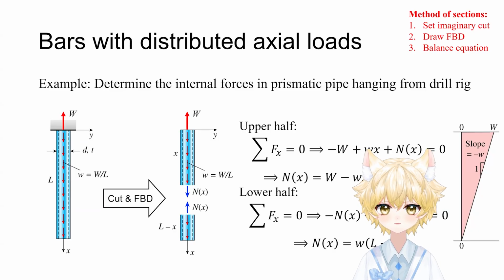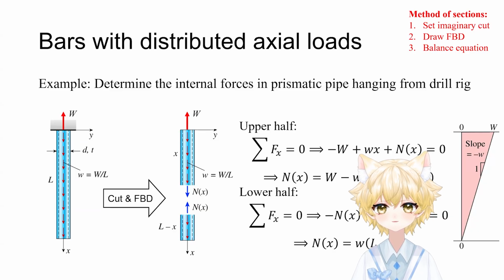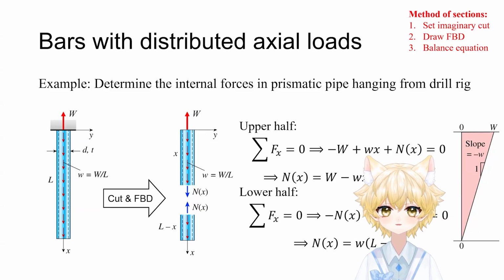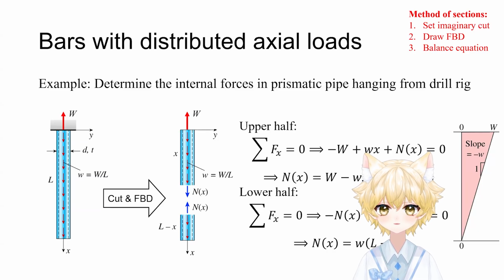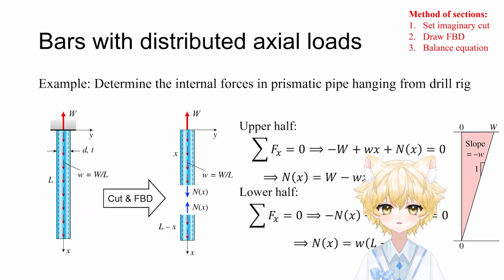So we got the equation: negative W plus small w times x plus N of x equals 0. So negative W is just the whole weight, right? And then we have the distributed weight with a length x and the internal force N of x. The summation of these equals 0. We can solve for the expression N of x equals small w times L minus x, right? This is the way we thought of using the upper half.